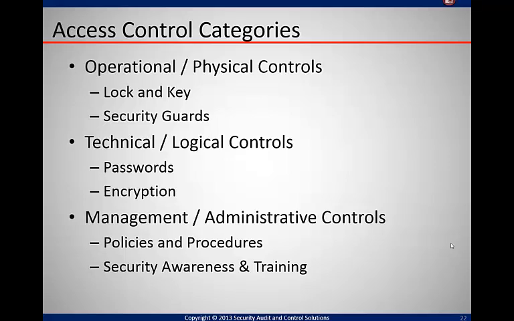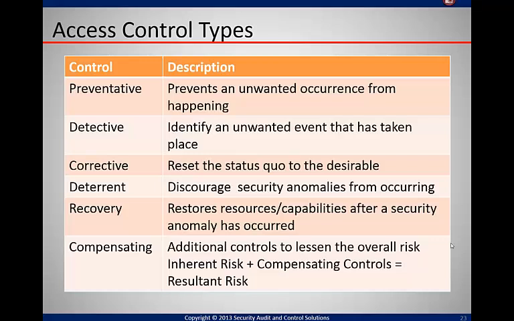Technical or logical controls are things that we usually can't touch, such as passwords and encryption. And then finally, management or administrative controls. These include things like policies and procedures, and in information security, from an access control point of view, things like security awareness and training.